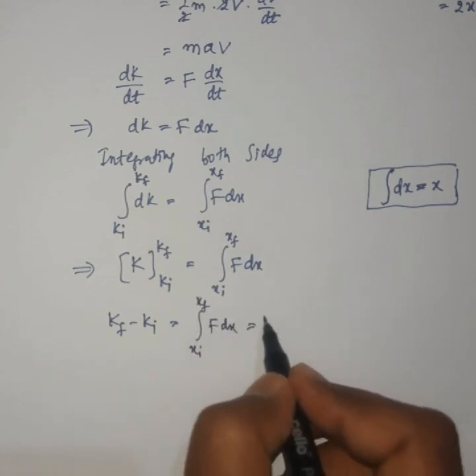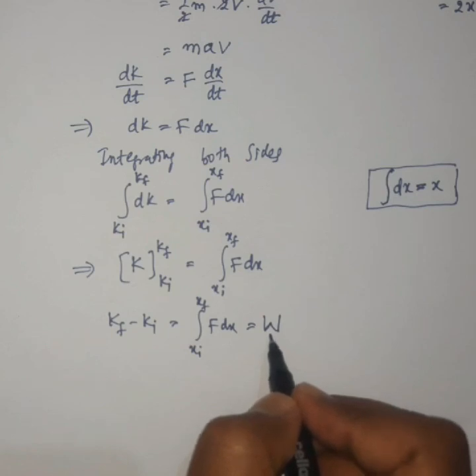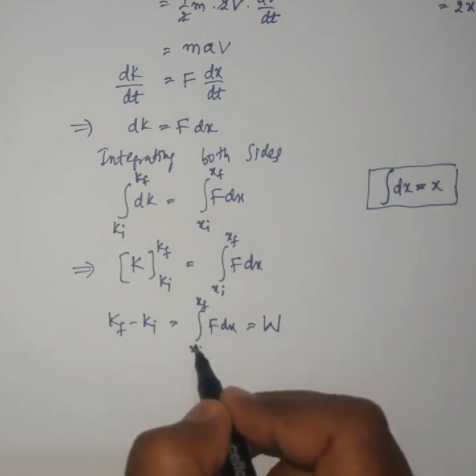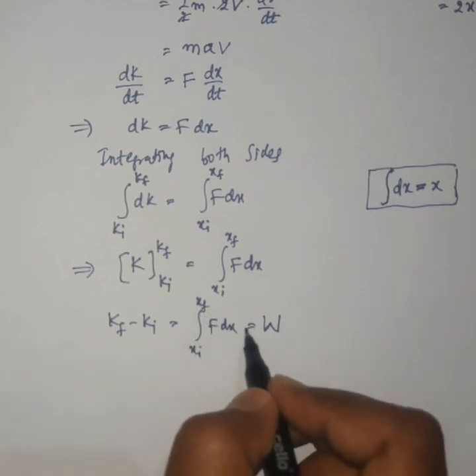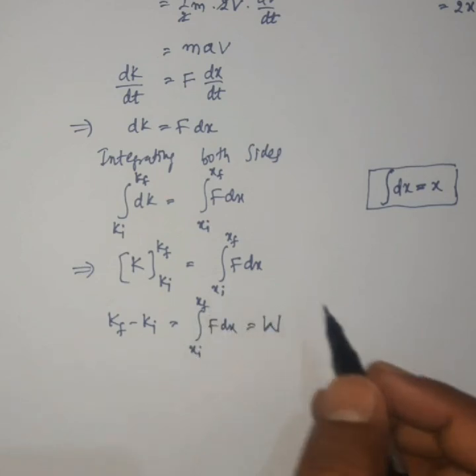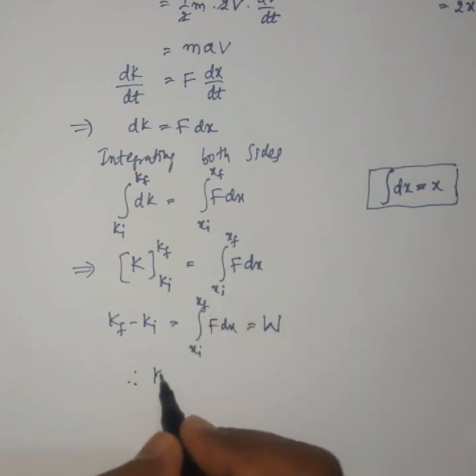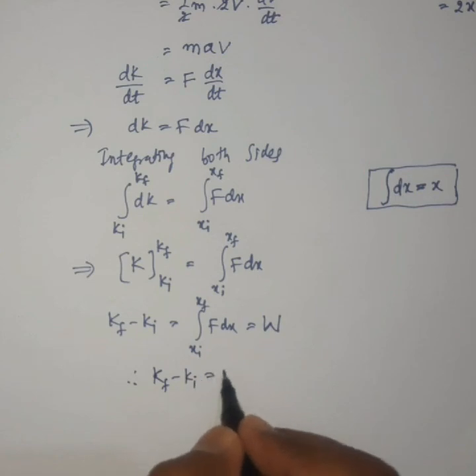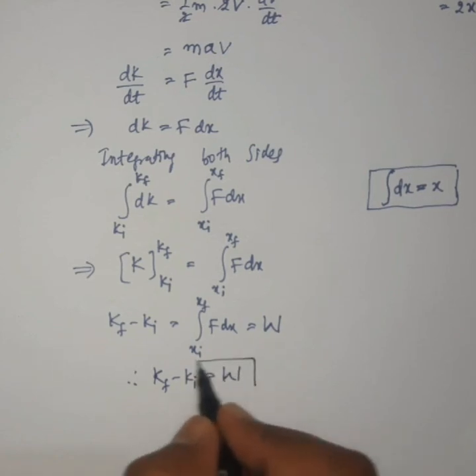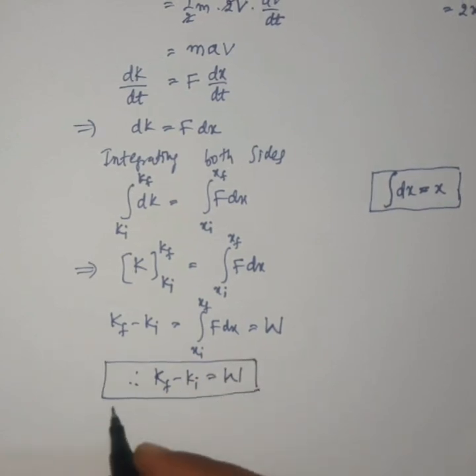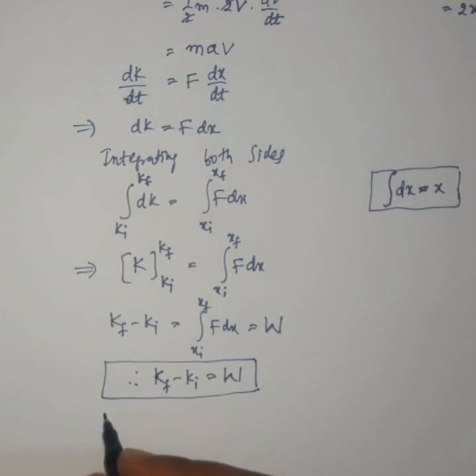That is the work done by a variable force. So finally Kf minus Ki is equal to the work done by a variable force. Thus the work energy theorem is proved for a variable force.